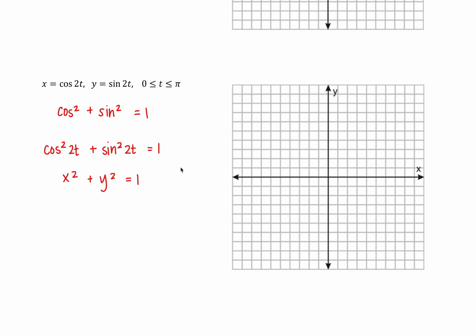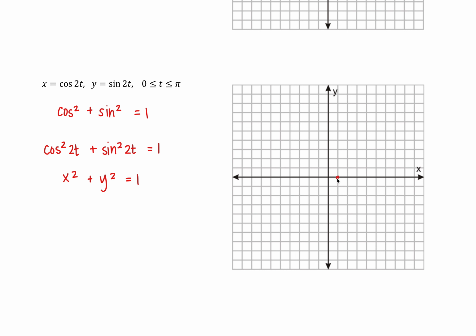So here we have a circle. Now, this is a circle with radius 1. Its center is at the origin, so it's just going to be this little tiny circle in here. But we need to pay attention here because we do have a starting and ending point. t will start at 0, and when t is 0, our x value is 1 and our y value is 0.